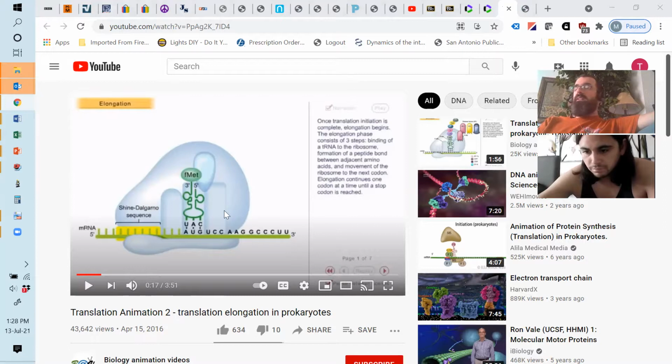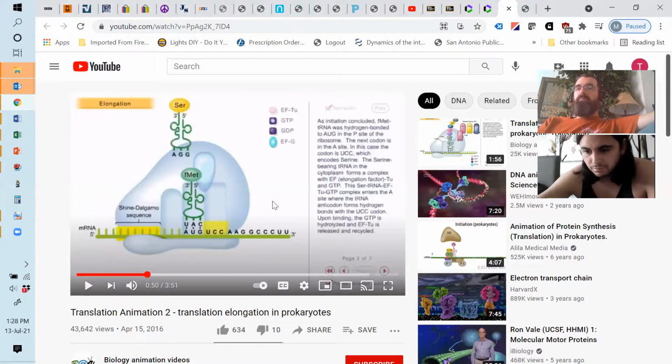Now we need to bring in another tRNA that's going to recognize this codon. And that happens with the help of, again, another protein called an elongation factor. Right. So there's energy used to charge the tRNA.